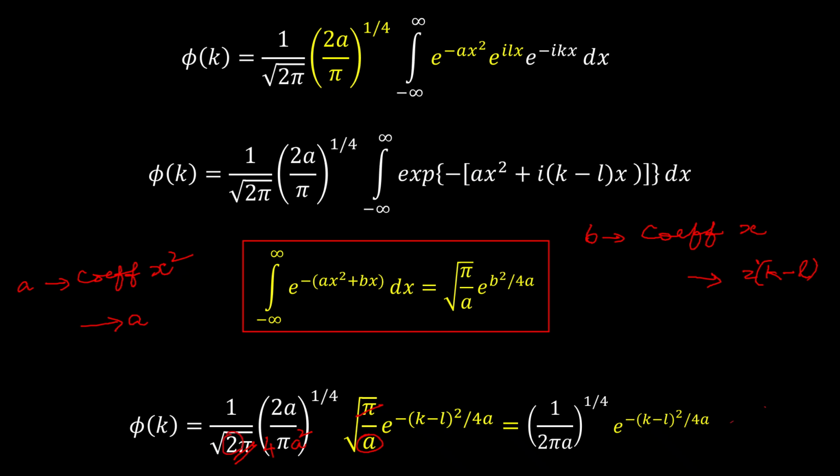This a will become a squared. Now this 2 and 4 will get cancelled, you will get 2, and a will get cancelled with this a squared, you will get just a. So this constant term will become 1 over 2 pi a whole power 1 over 4, and this exponential term. This is psi of k, which is the amplitude.